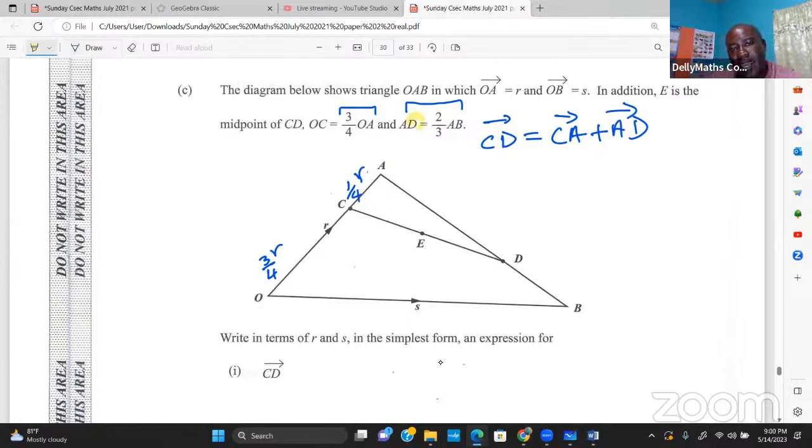They tell you that AD is that, so I have to find AB first. After I find AB, then AD comes from it. So I am going to have to pause because I don't know what this is yet, because it is a fraction of something else. Let's go find that something else. Let's find AB here.